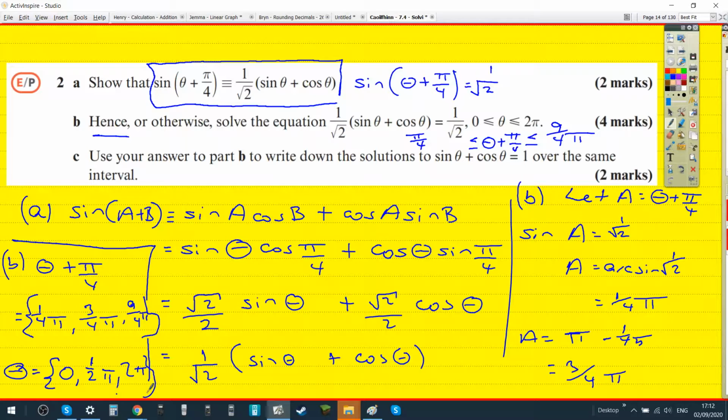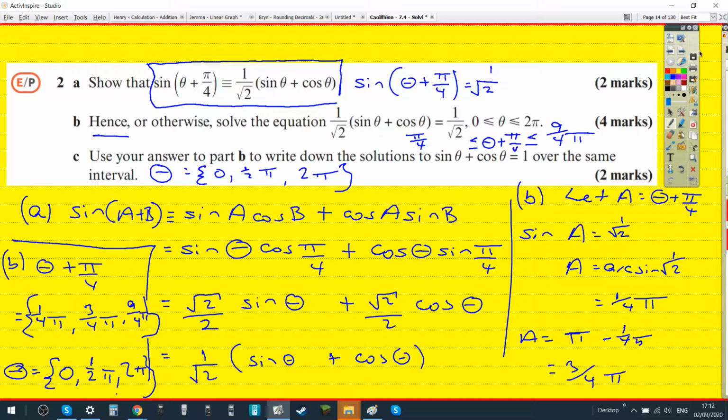And so they're the same. And therefore, do they have the same answers? Yep. Oh, damn. So theta equals 0, half pi, 2 pi.